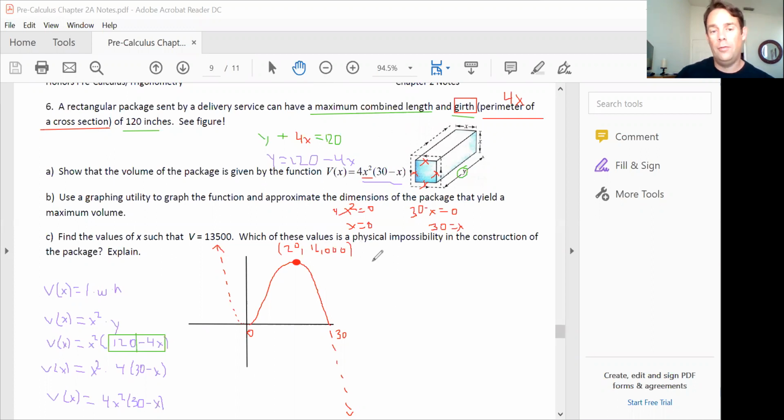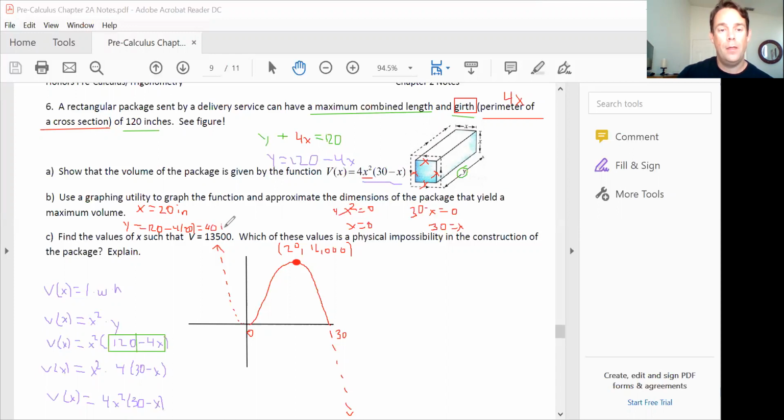And if x is 20 inches, then y is going to be 120 minus 4 times 20, which is 80. 120 minus 80 would be 40 inches.